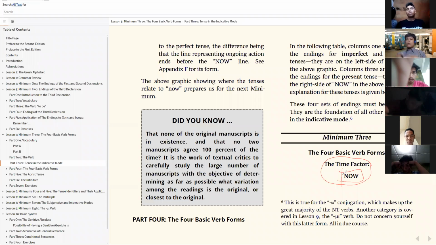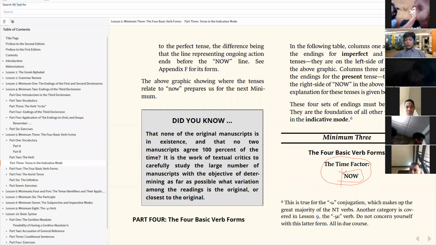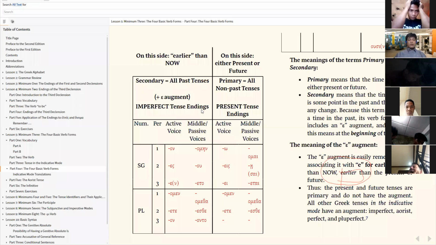So when we talk about the indicative mode, take note of the now, all right? It can be either imperfect or aorist. It can also be present tense, now, and it's ongoing. The action is ongoing.